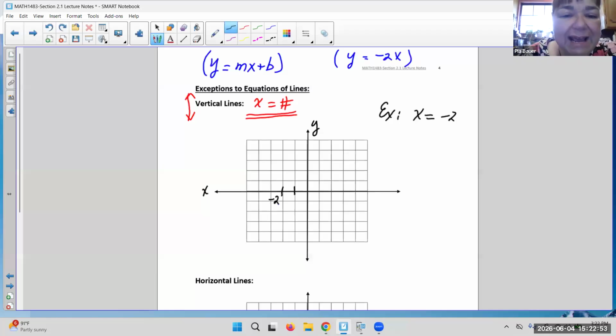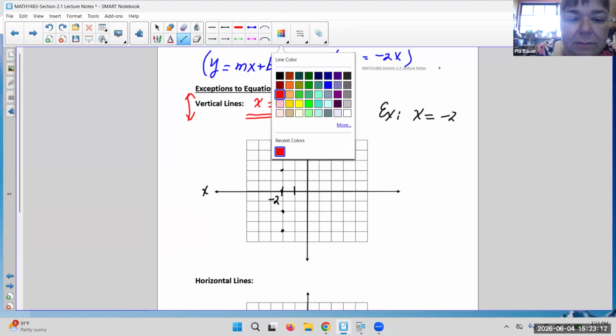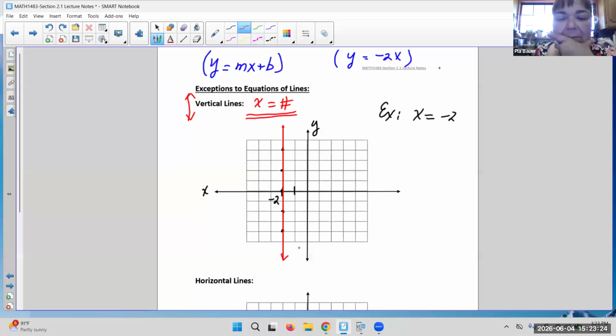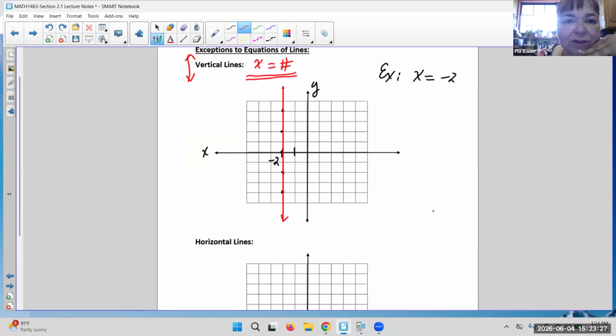But the line x equals -2 is the line where x is always -2. No matter what point you're looking at, x is always -2. And that makes it a straight vertical line like this. But it has only x equals -2.